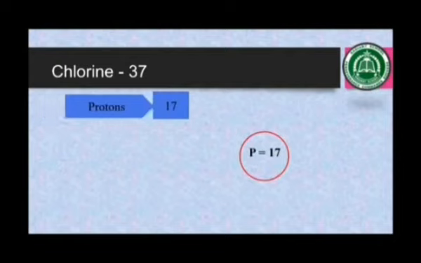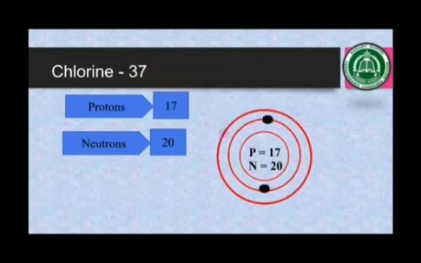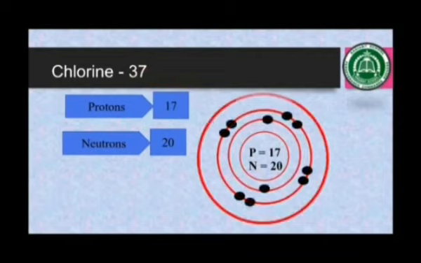The next isotope of chlorine is chlorine 37. How many protons does it have? 17. But the neutron number will be different. It will be 20. Now 20 plus 17 makes 37. 17 electrons are present in different shells of the chlorine atom.